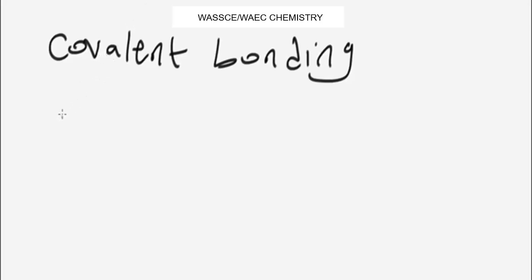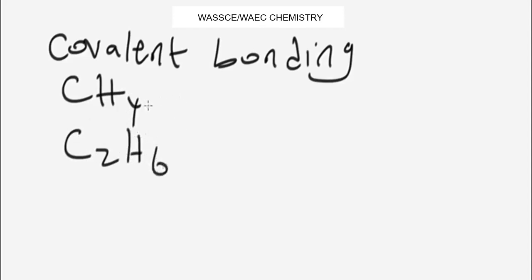Another thing you have to note is that all organic compounds are covalent compounds. They have covalent bonding in them. Example, we have our methane, we have our ethane, and the rest of them. Another example of covalent compounds is any inorganic compound that is not an acid, a base or a salt.